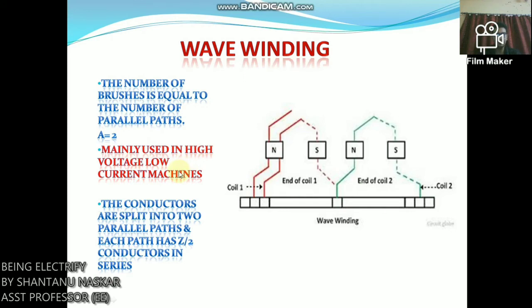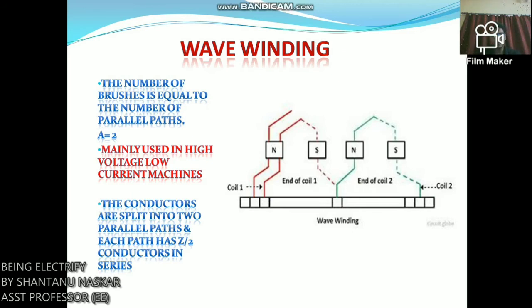In wave winding, only two parallel paths are provided between the positive and negative brushes. The finishing end of one armature coil is connected to the starting end of the other armature coil, at commutator segments some distance apart. In this winding, the conductors are connected in two parallel paths irrespective of the number of poles of the machine.